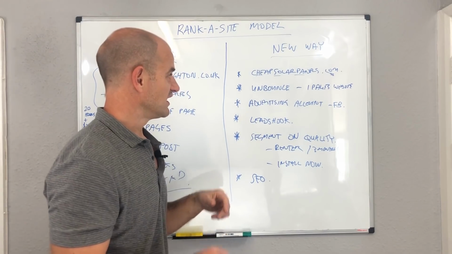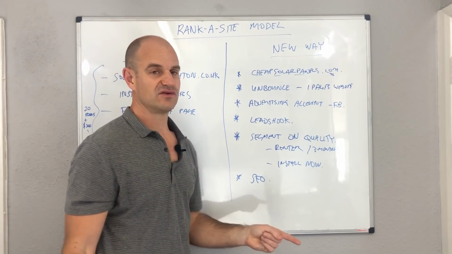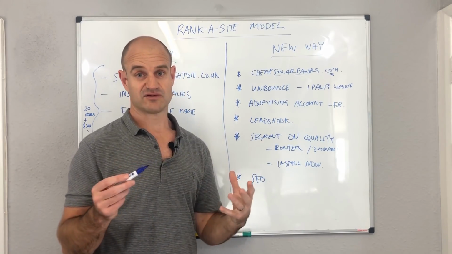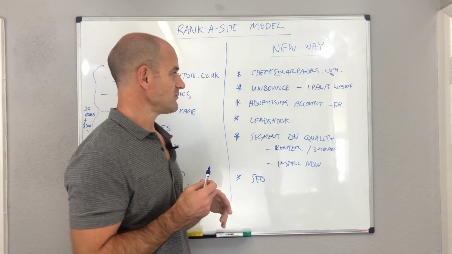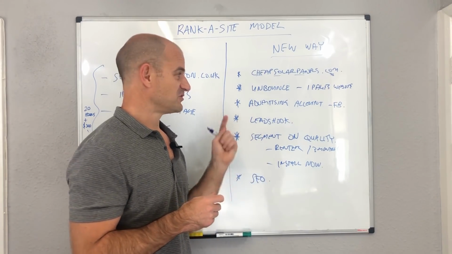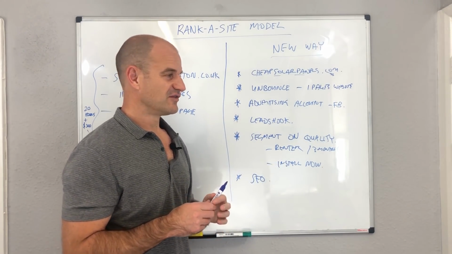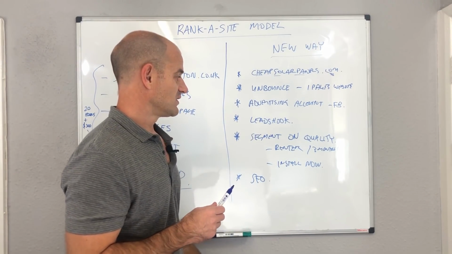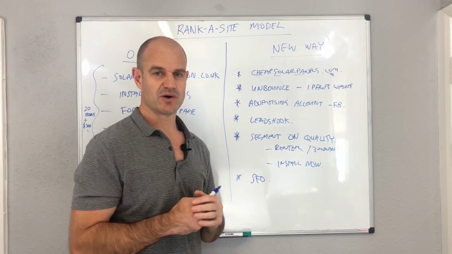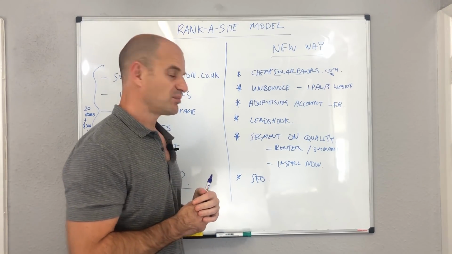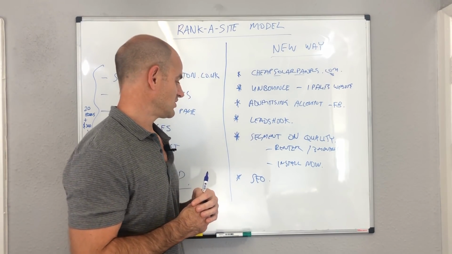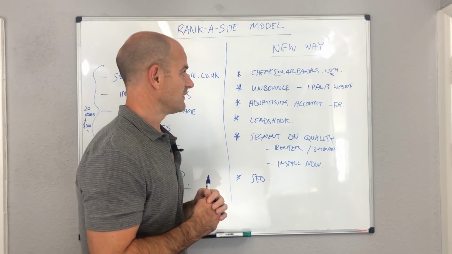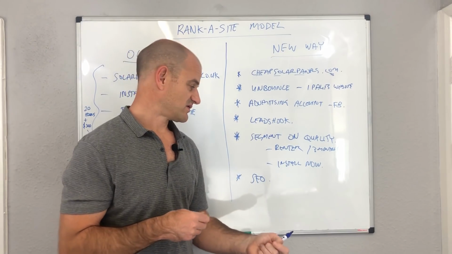Over time, if you do this well, you'll create yourself an asset with a database that you can sell to a large solar panel company. And that's powerful. And this is the new way to do things. This is the supercharged ranker site model, which not many people are doing, not many people know about. And if you do it properly and you can make it work, which obviously you can, this just makes sense, right? You can do very well out of it, all right?